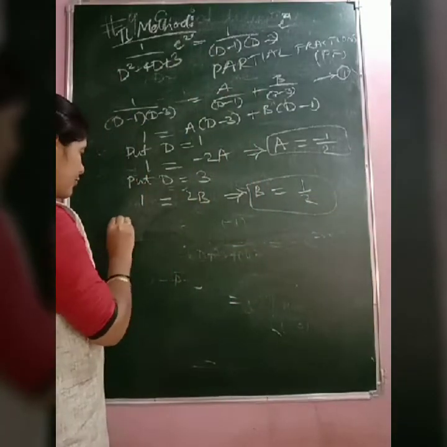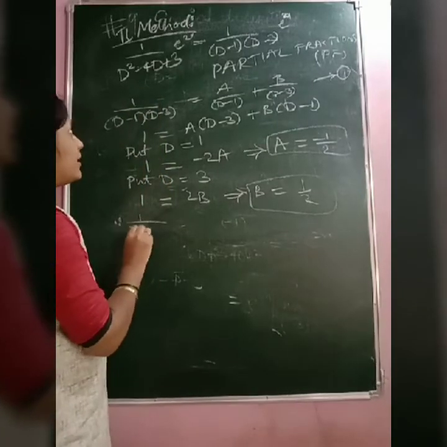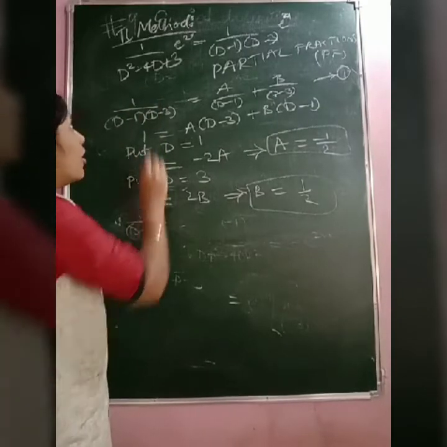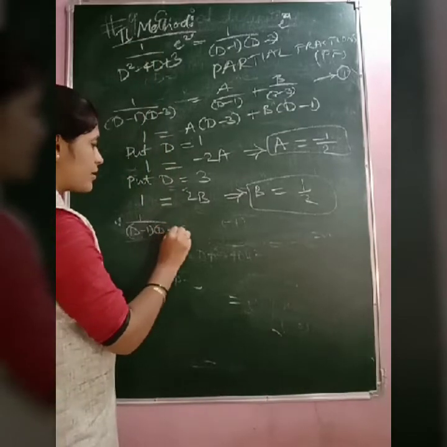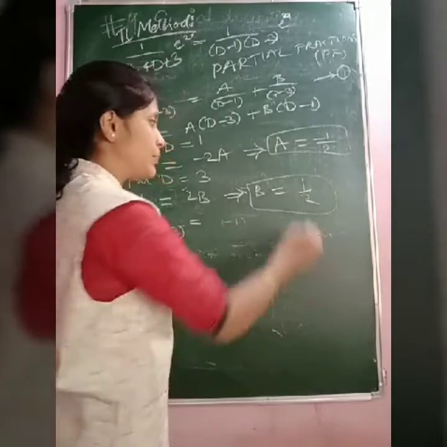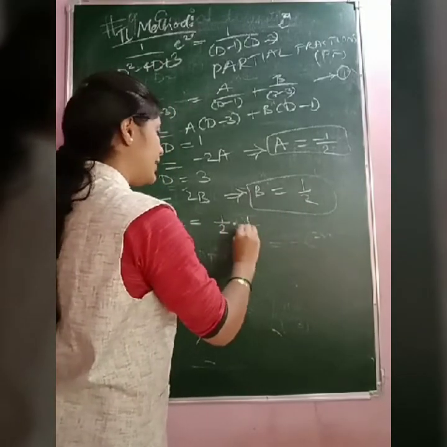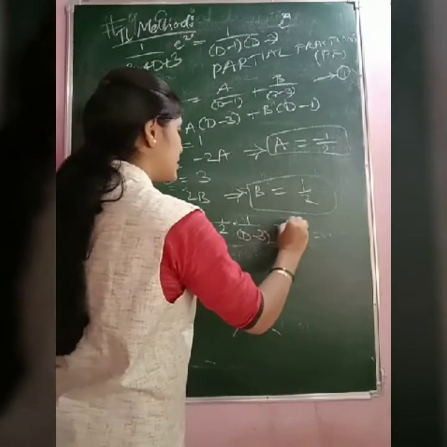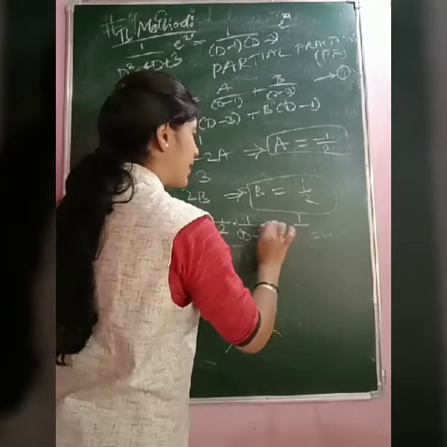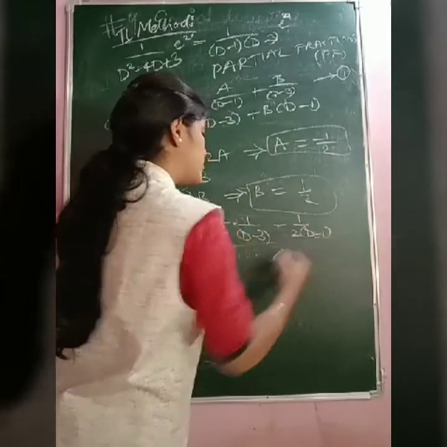Substituting the values, therefore 1 by D minus 1, D minus 3 is nothing but 1 by 2 times 1 by D minus 3 plus minus 1 by 2 times 1 by D minus 1.